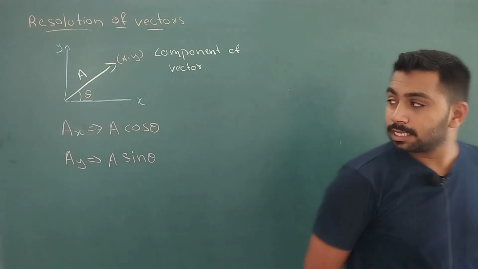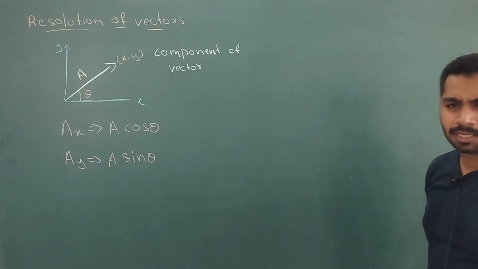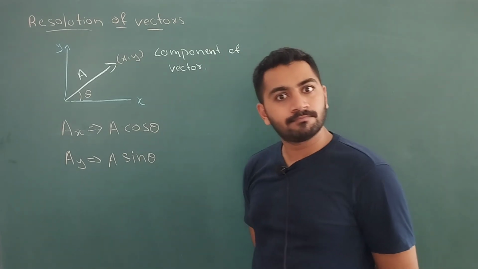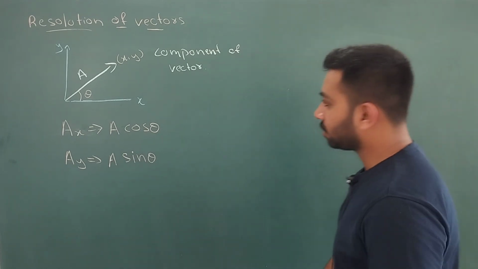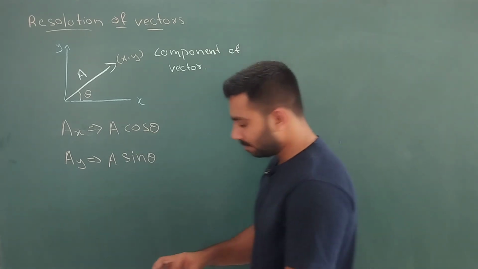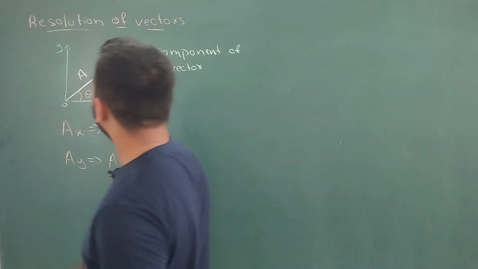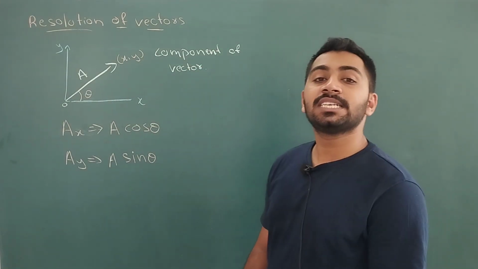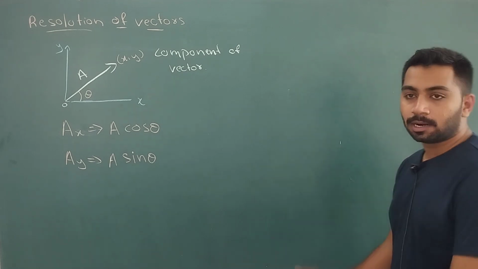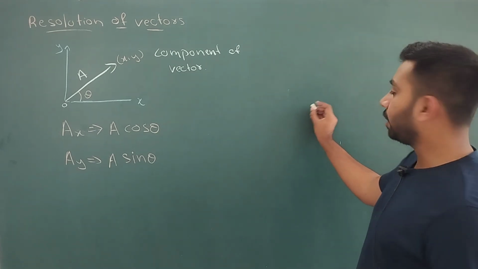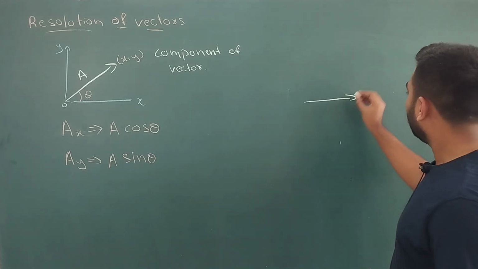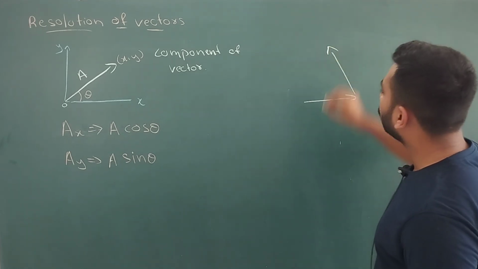Now, sir, do we need to memorize this? I don't think so, because I will tell you. If you see closely, there is one property of vectors: you can shift vectors from place to place. See here carefully. This is one vector, and here is one more vector.